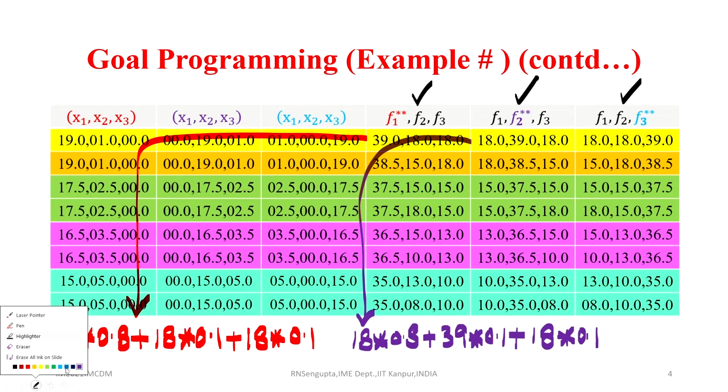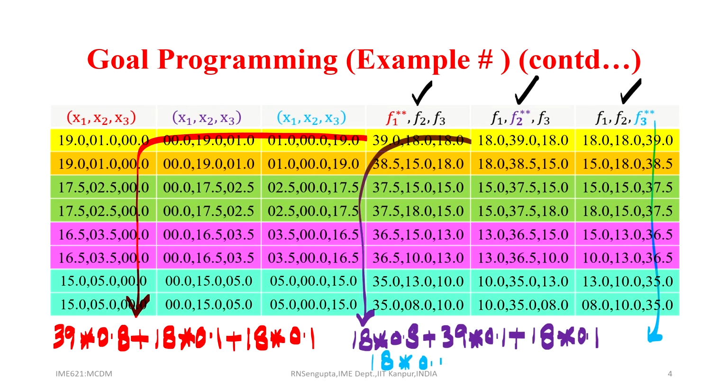Similarly, if I consider the blue one here, this one would have 18 into 0.1 plus 18 into 0.1 plus 39 into 0.1.